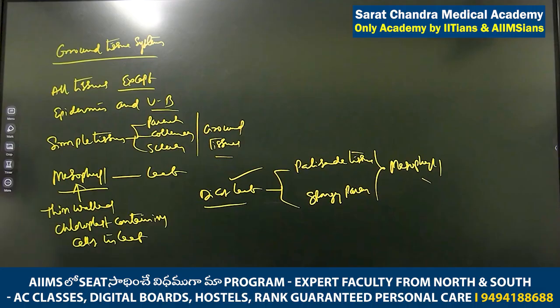All the tissues except epidermis and vascular bundle together are called ground tissue. All three kinds of simple tissues are treated as ground tissue: parenchyma, collenchyma, and sclerenchyma. The mesophyll tissue in leaf may also be considered as ground tissue. Next, vascular tissue system.